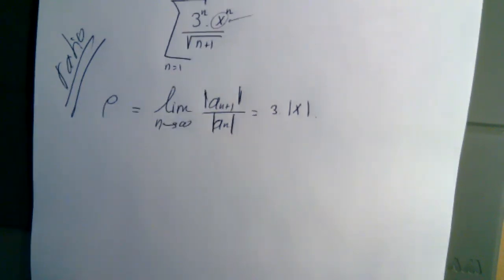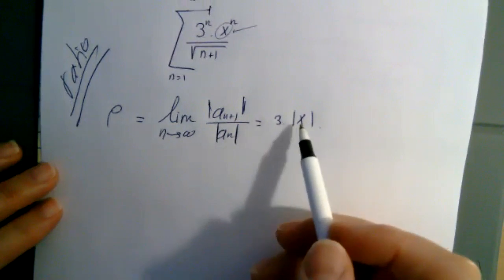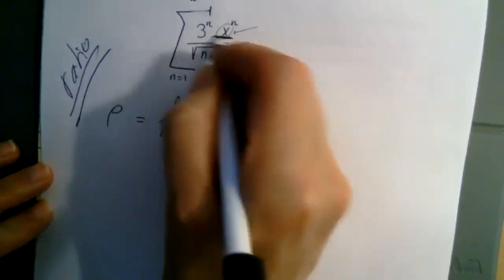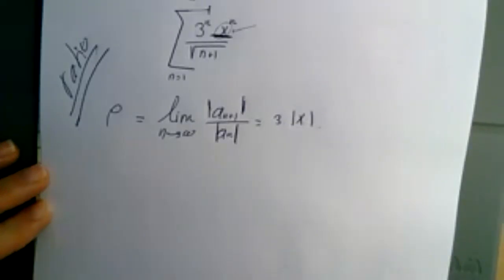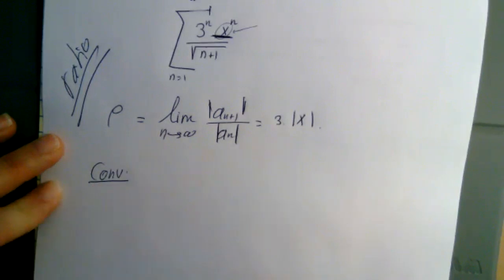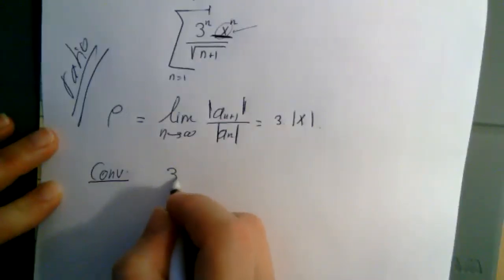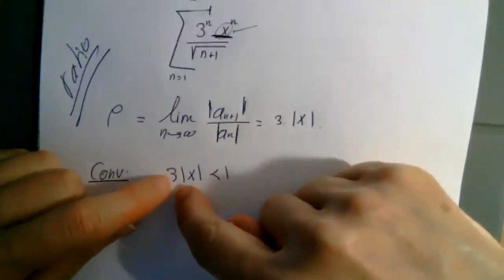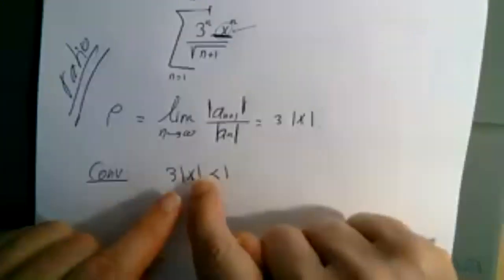So the ratio test tells me which values of x I can plug in and have convergence. The series will converge, from yesterday, when my ratio is less than 1. Now I want to see, if this quantity is less than 1, where is x?